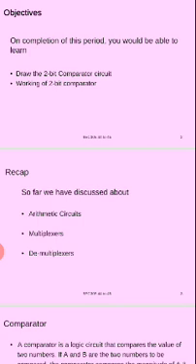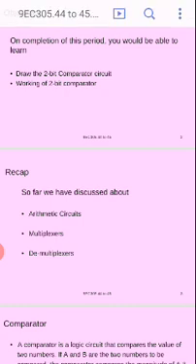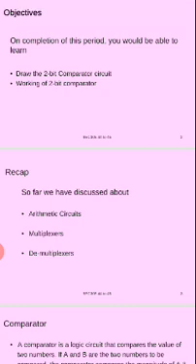For that encoder, we discussed the logic circuit of the encoder and its truth table, how the logic circuit can be implemented, and those points we discussed in the last class.